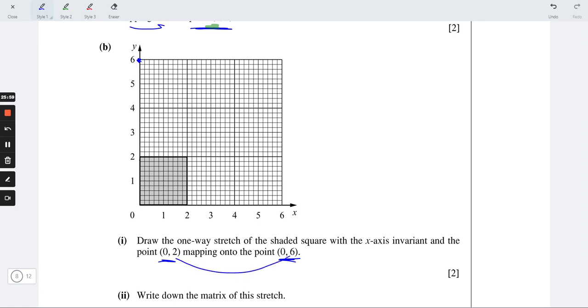That means the stretch adds 4, so the point here, 2, 2, will also move up 4, and it will be here. So the new shape is another rectangle here.